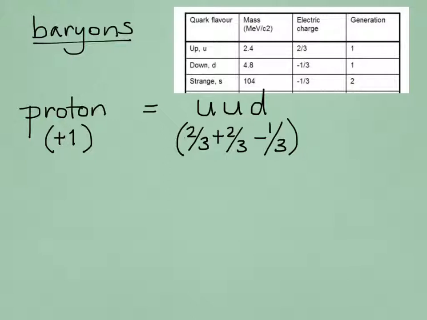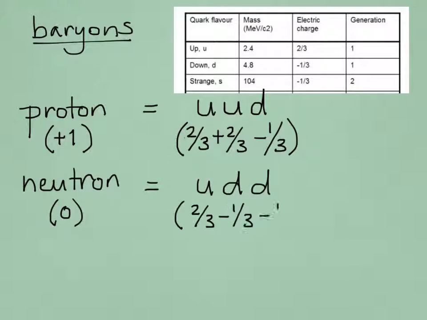It has a charge of +1, which means it must be made of +2/3, +2/3, and -1/3, which makes 1. That's an up, up, and a down. So a proton is an up, up, down combination. The next most common, a neutron, has 0 charge, and you can make that with an up and 2 downs. So 2/3, -1/3, -1/3, and that works.